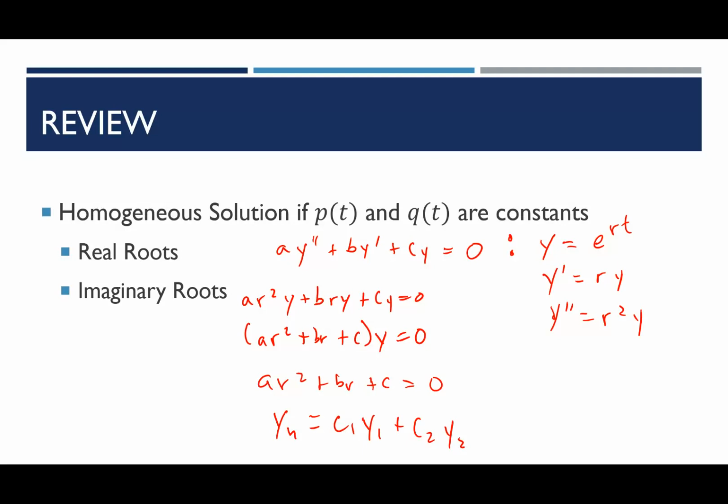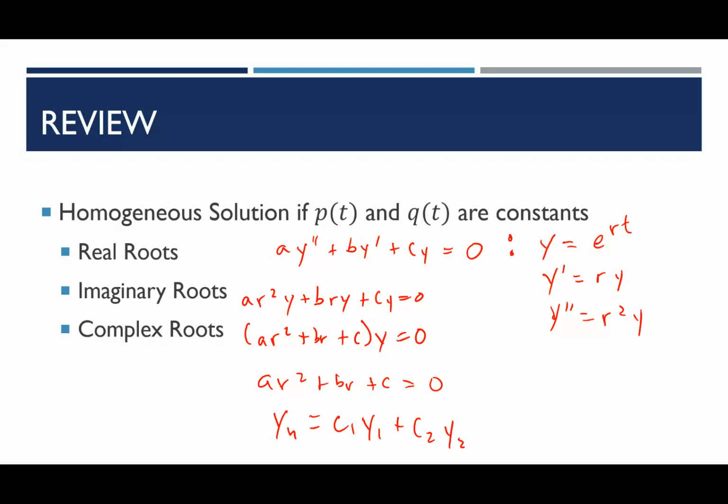The book goes through a little rigmarole to say that if you're dealing in the real world, you can rearrange it to have reals for C1 and C2. So y1 is C1 cosine, whatever the root is without the i, and y2 is C2 sine, same thing.